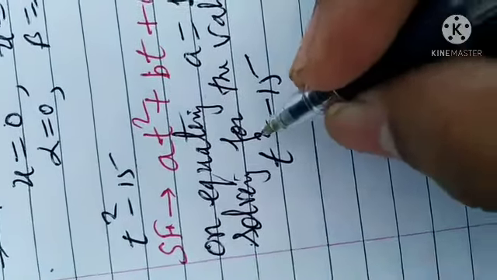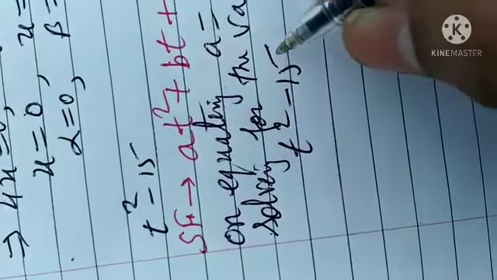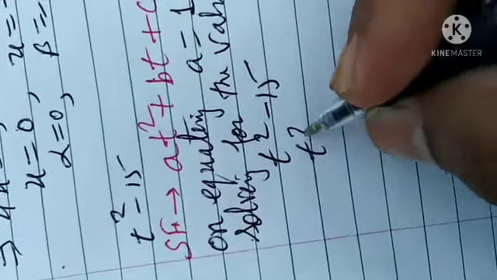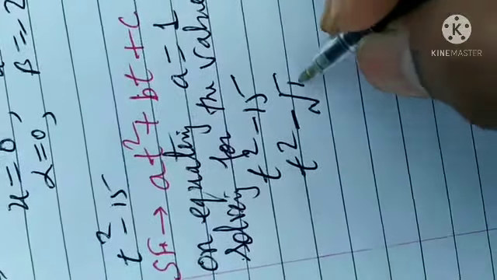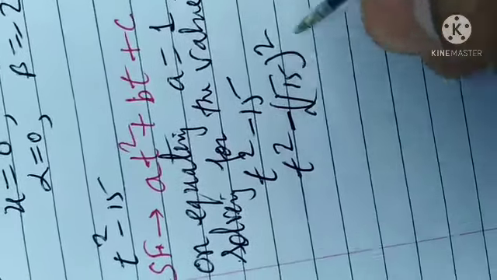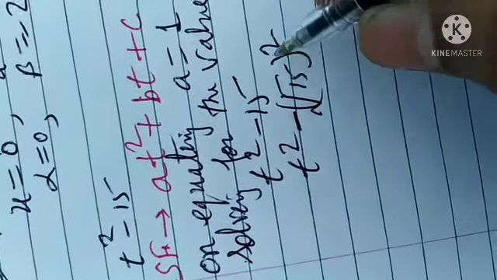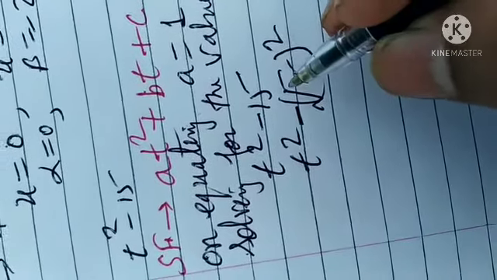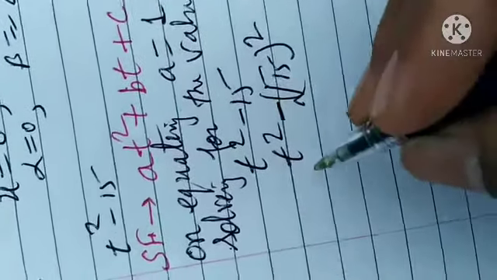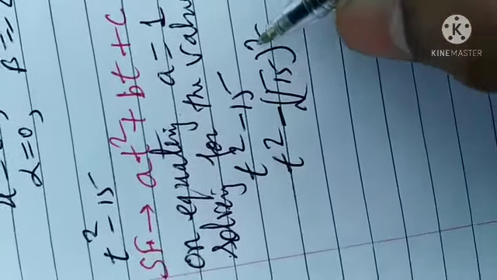Because t is having a square, but 15 is not a perfect square. So in that case we have to write down t square minus under root 15 whole square. Because if you make under root 15 whole square, then the under root cancels the square and 15 is again left. So that's what t square minus under root 15 square.